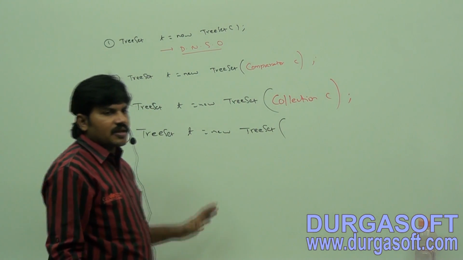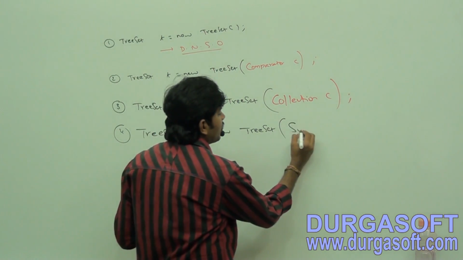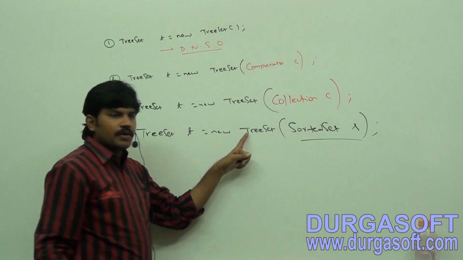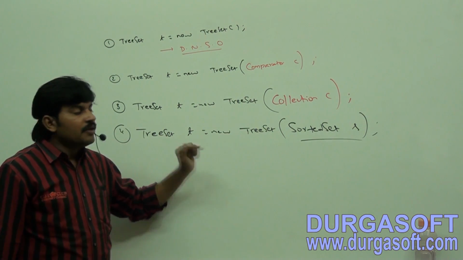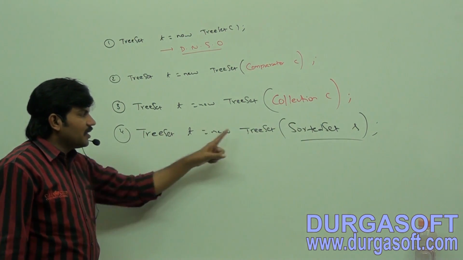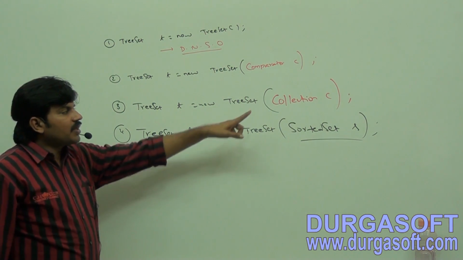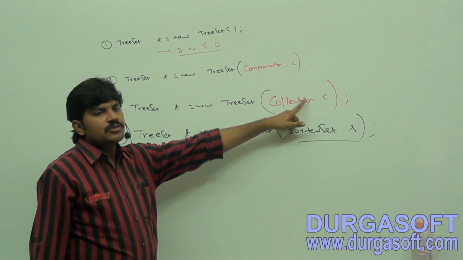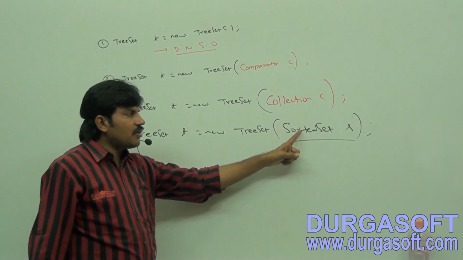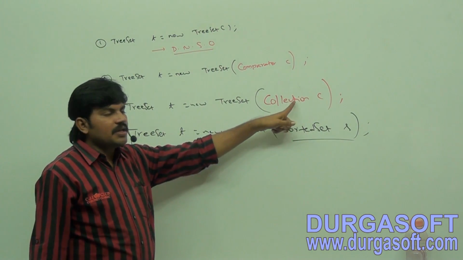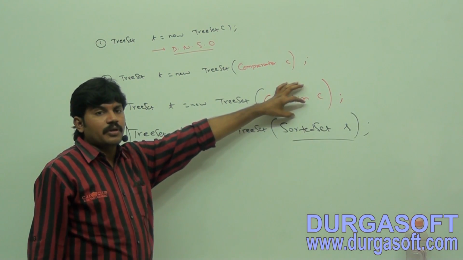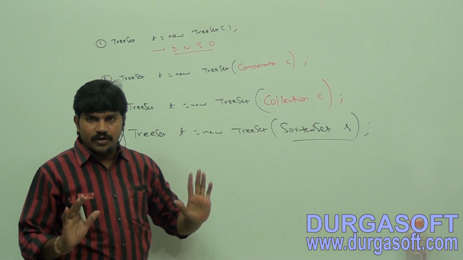For any sorted set object, an equivalent TreeSet will be created, and the same sorting is implemented in this TreeSet. But here I have a normal collection, so default natural sorting order is going to be considered. For a normal ArrayList object, which never talks about sorting, default natural sorting order is considered.